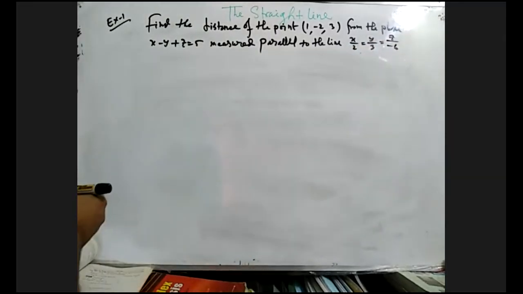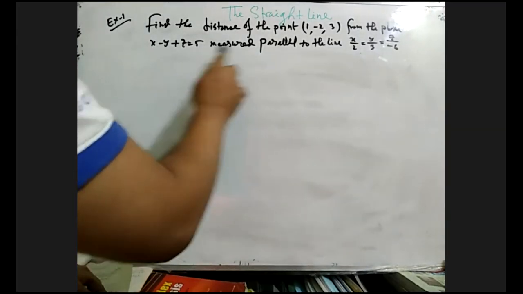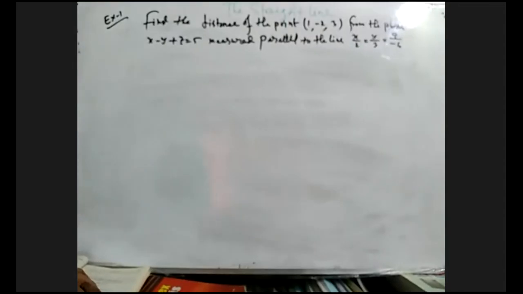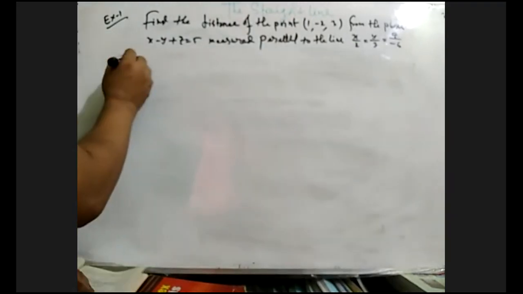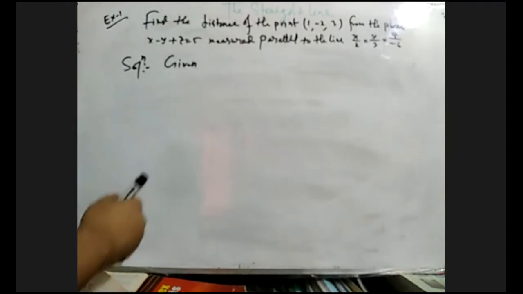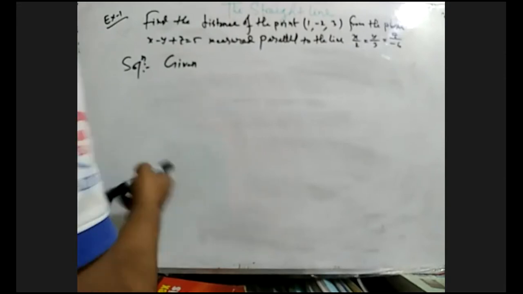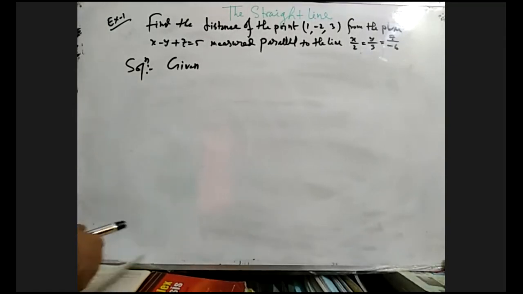Actually, we are given two equations. One is the equation of a plane, and the other is the equation of a straight line. And we have to find the distance from this point to the plane along this line. So we are given two equations.